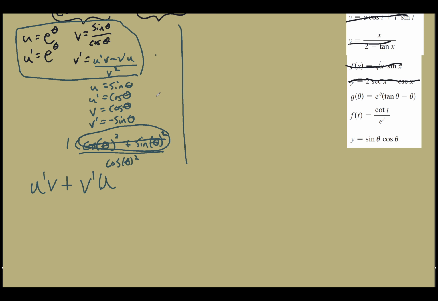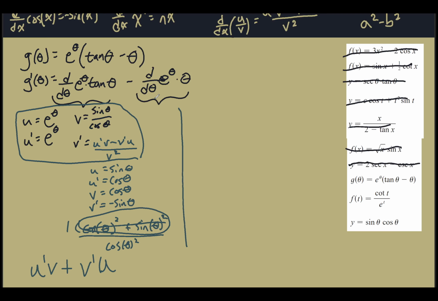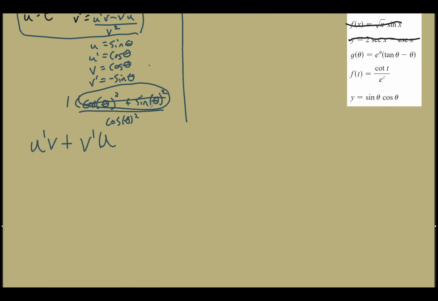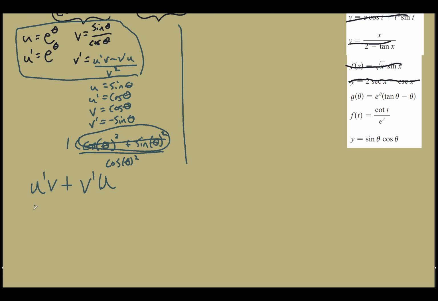That's not a very good u, is it? And here's our values here. So we know what u prime is. That's e to the theta times v, which is tangent theta. I'm hoping we're done with this so I don't have to leave it as sine and cosine at this point, but who knows?